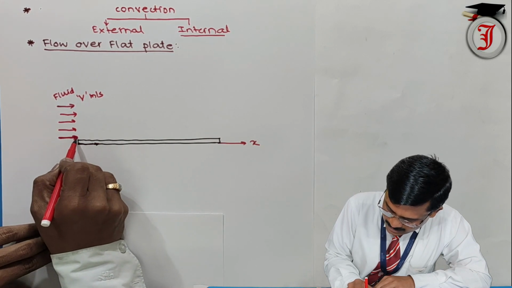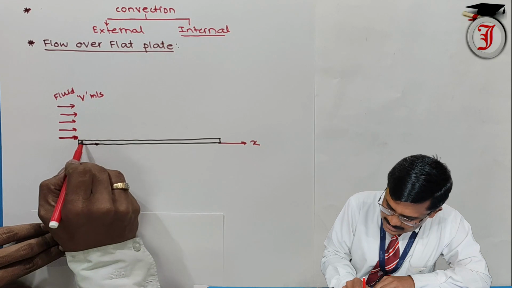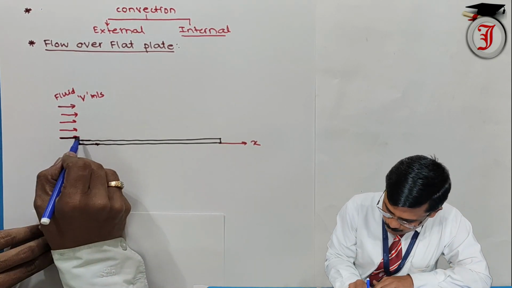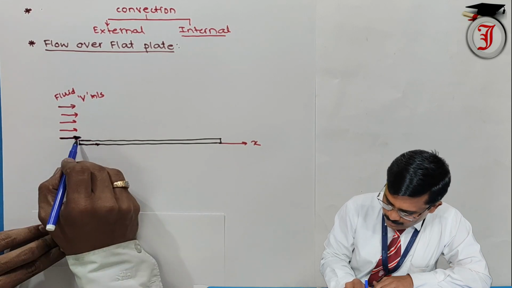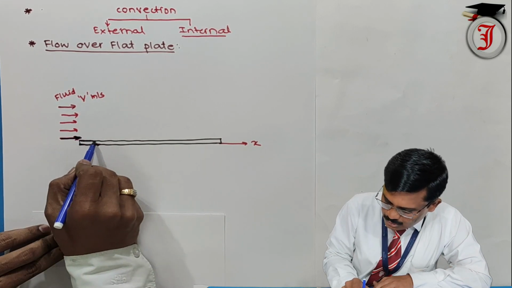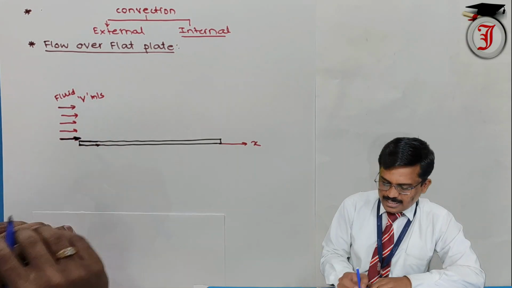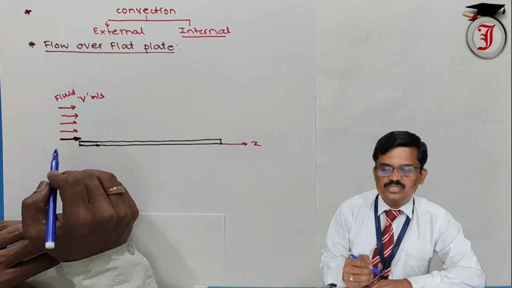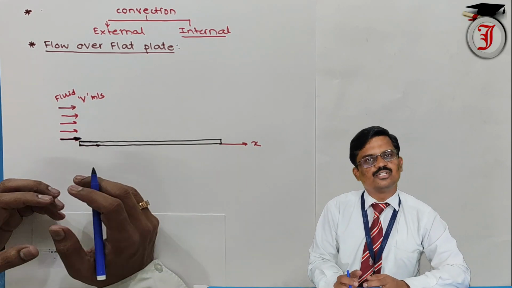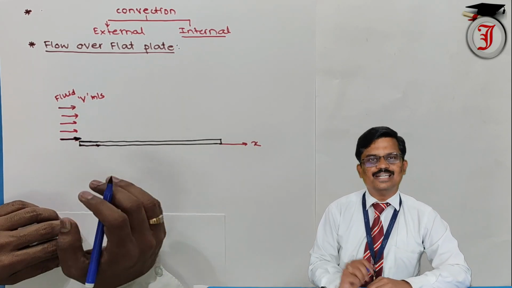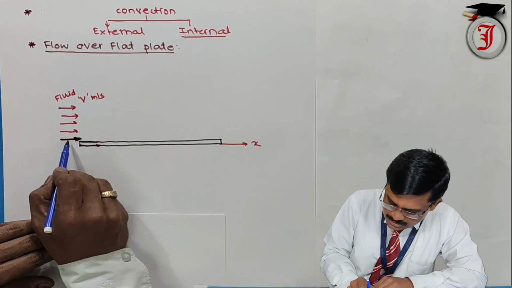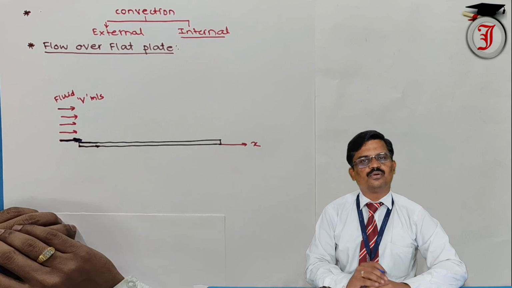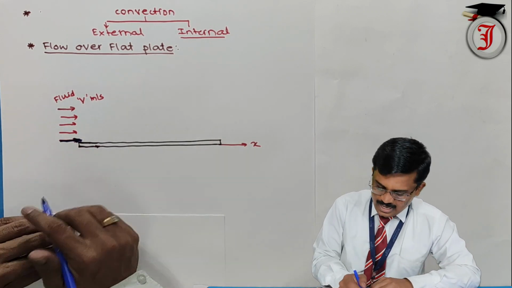The velocity of the first fluid layer, adjacent to the surface of the plate, becomes zero when it comes in contact with the surface, because of the no slip condition and friction.